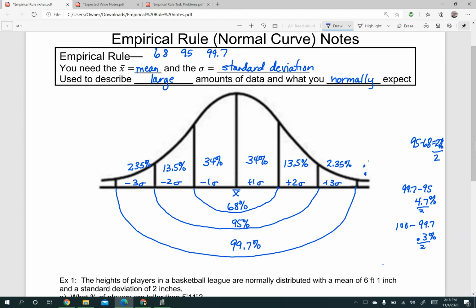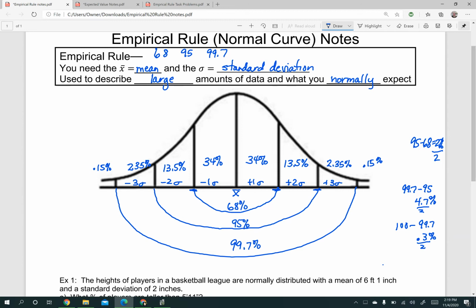So this value out here is 0.15% on these little tails out here. So this is the amount that's found in each of these subsections of the normal curve. And we would find the values on each of these by adding a standard deviation to the mean or subtracting a standard deviation from the mean.